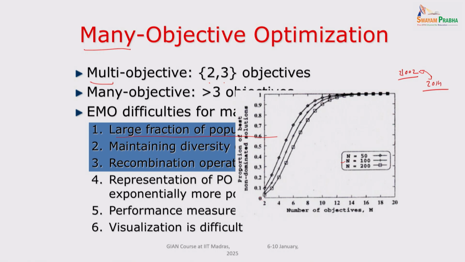So basically 2 columns of 100 rows each, randomly created between 0 and 1. Let's say the first one is my first objective, the second one is my second objective, and I want to find the non-dominated set, the set that does not get dominated by anybody. And I notice that when I calculate that on the random population for 2 objectives for 100, about 5%, that means 5 out of 100, belong to the non-dominated set.